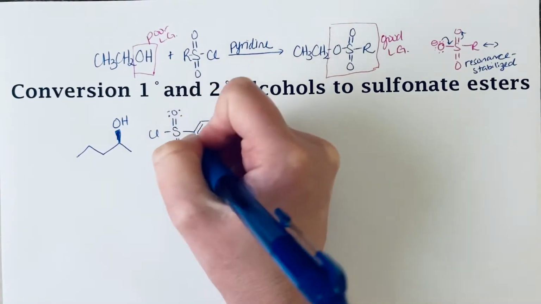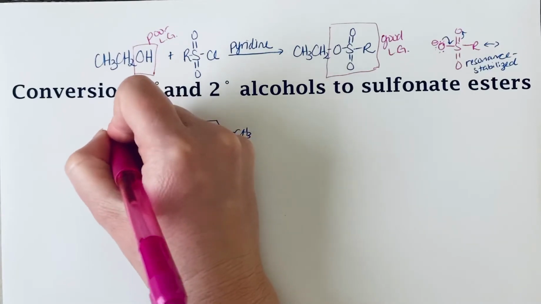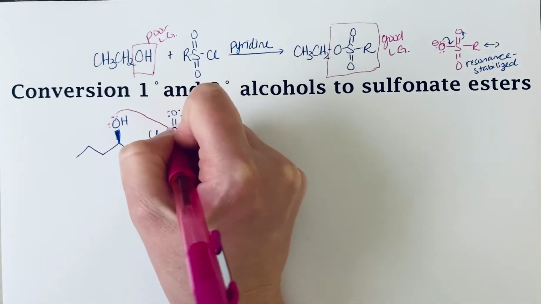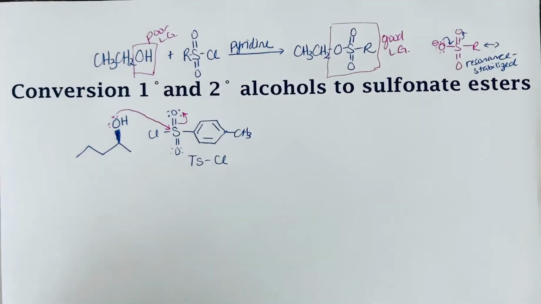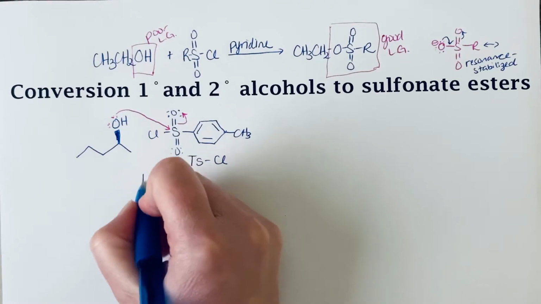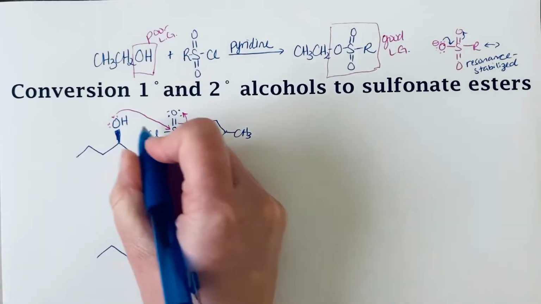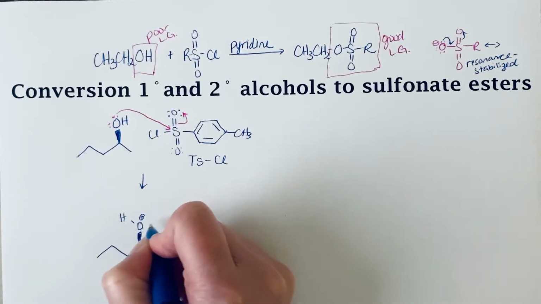What happens in this reaction is your alcohol is a nucleophile, and this sulfur is an electrophile. So the alcohol attacks the sulfur, and those electrons are kicked up onto the oxygen. What that gives us is a bond between that oxygen and the sulfur, and the oxygen is still bound to hydrogen.